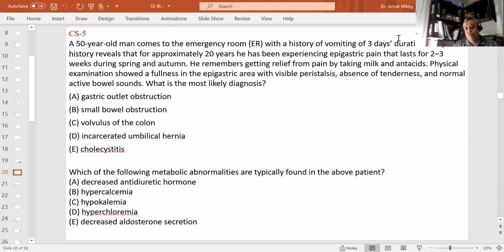The more potassium being excreted in the urine, that will aggravate the hypokalemia. And the kidneys then compensate by exchanging the hydrogen ion for potassium, which will perpetuate that metabolic alkalosis.